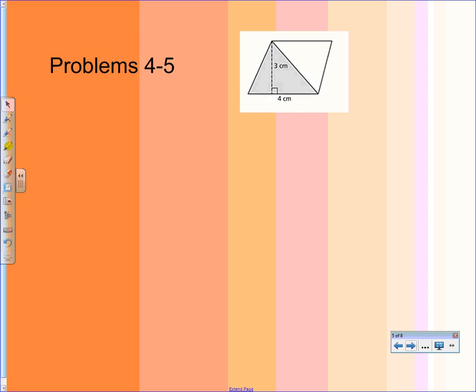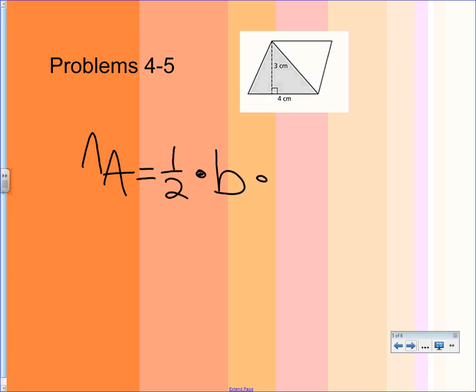Let's skip down to number 3, and again, if you need to, rewrite the equation for finding the area of a triangle. And remember, area, oh, my things are not working. Let's try that. Area, there we go. Oh, my smartboard's funky. Area of a triangle is equal to 1/2 times the base times the height.